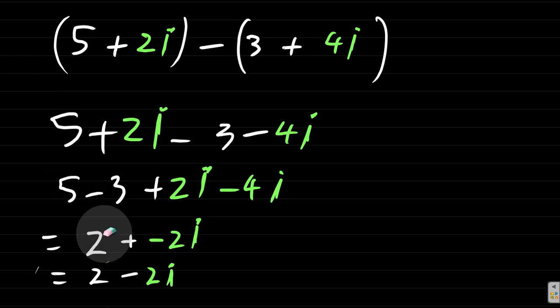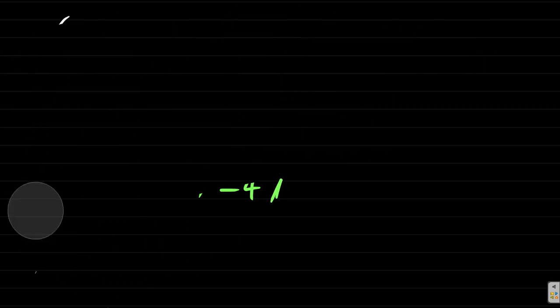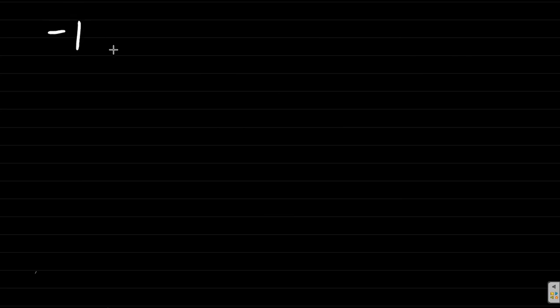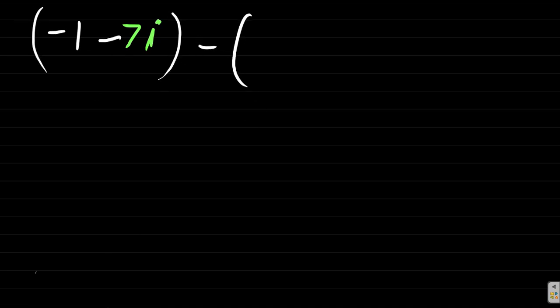Now, let's try one more. We have negative 1 minus 7i, and we subtract from that 6 minus, say, 25i.